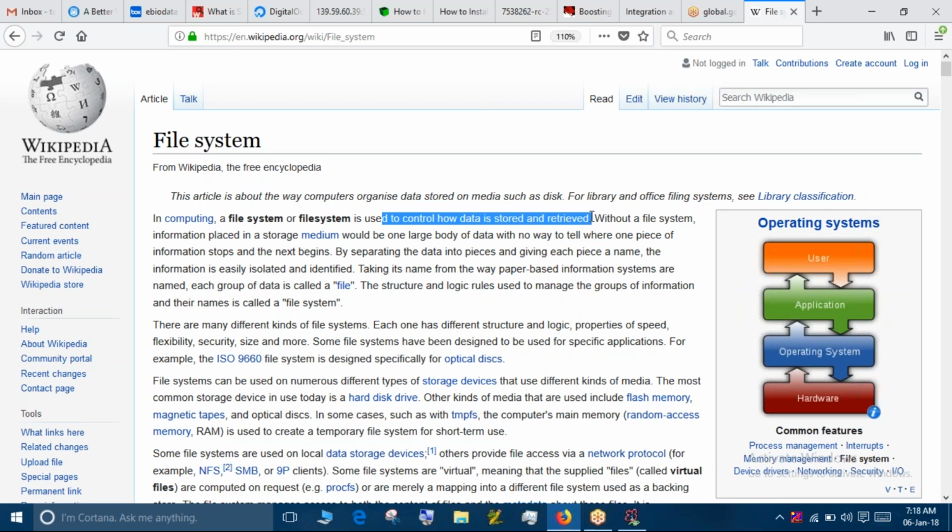You agree with this statement? Yes. Simple, right? Is used to control how data is stored and retrieved.